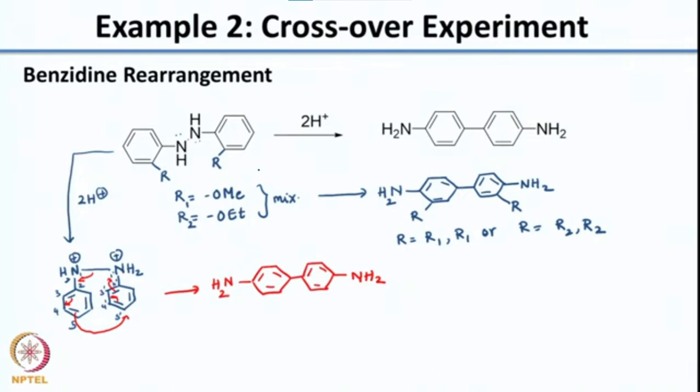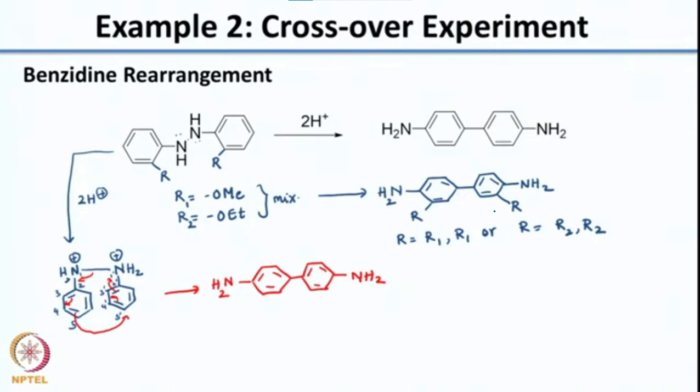Now, if this is the case, breaking and then bond making, then each will contain an OMe group, right? Then when it undergoes the crossover reaction, it will give four different types of products. One possibility is that both R groups will be OMe, and the second possibility is that both R groups will be OEt. And in the other case, the crossover product, you will observe one R group will be OMe and the other one will be OEt.